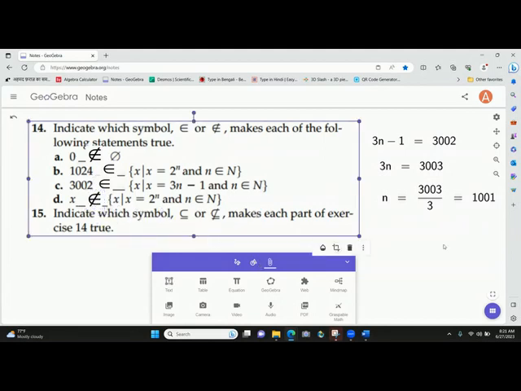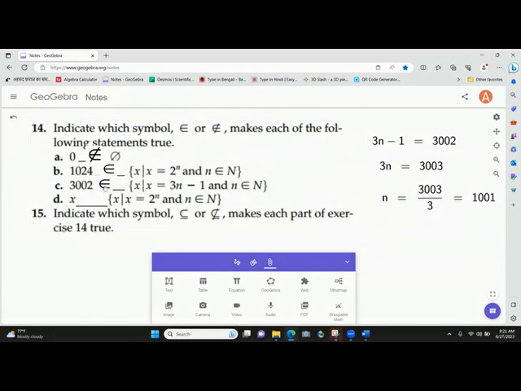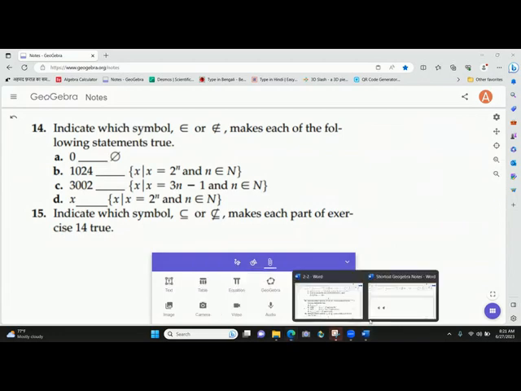Okay, guys? Now, I would like to do number 15 as well. Number 15 and 14 are related. They want us to use the symbol subset or not subset. Now, I'm going to do the same thing with subset and not subset from my Word document, so be a little careful and patient.